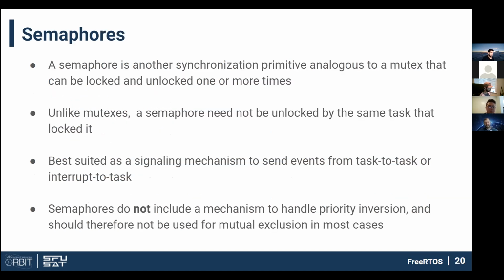Okay, so going back to semaphores, a semaphore is similar to a mutex. One common analogy you'll see that I don't love is that a semaphore is like a mutex with an associated count. So you can lock the semaphore multiple times and unlock it multiple times. This is useful in situations where, say, you have a task that's receiving packets on some communication interface.